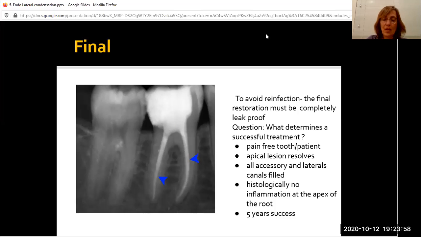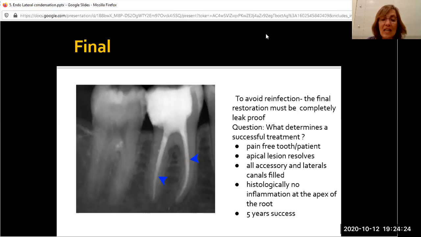So with the end of this lecture, there are some parting questions that, depending on if it's an endodontist that is giving the answer or a general dentist, the question is, what is a successful root canal? Is it if the patient is pain-free and the patient is happy?